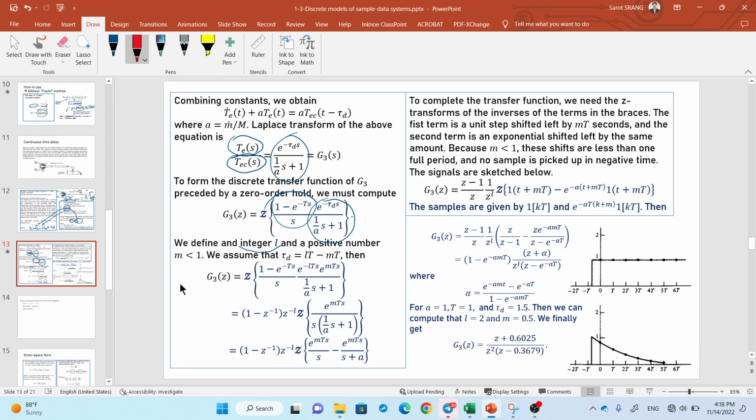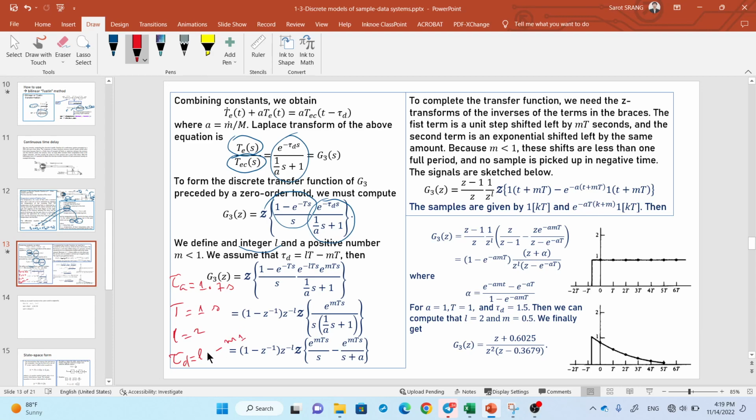Let's say tau d equals 1.7 seconds and T is 1 second. So what is the value of L? L should be 2. L equals 2. So you have tau d equal to L times T minus m times T. But T is just 1, right?